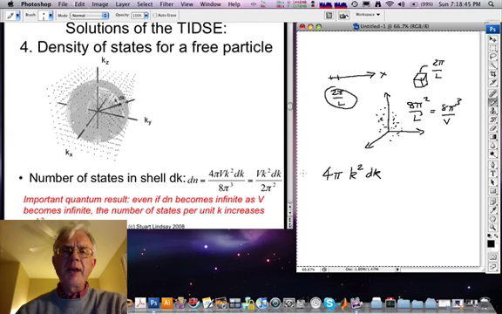And so the number of states in this shell then is given by this expression.